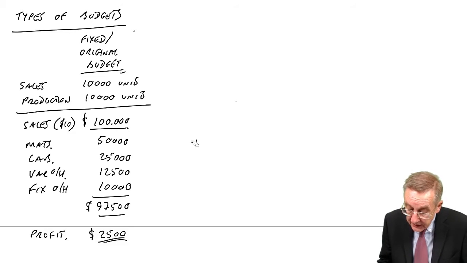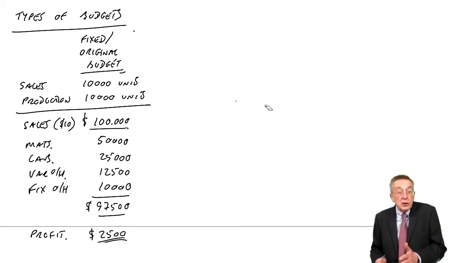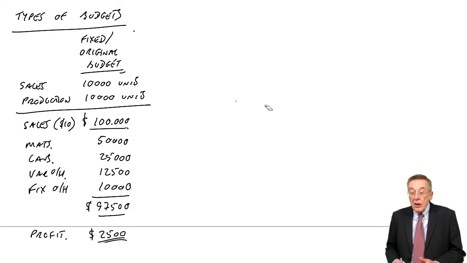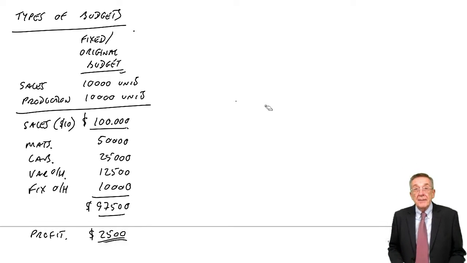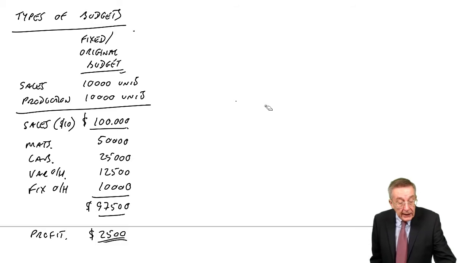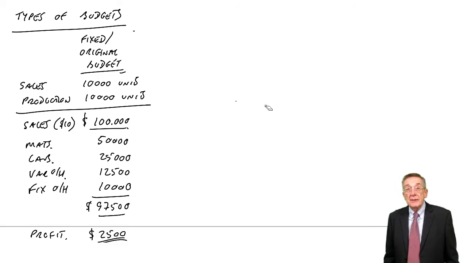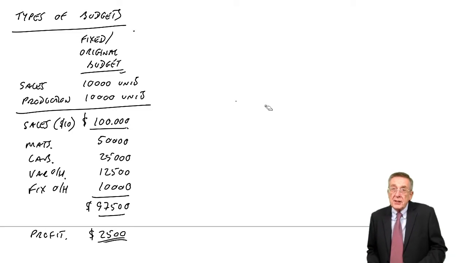And so if we're going to use it for measuring performance in that way, for controlling, we need to rewrite the budget and say, well, given that we actually produced 12,000, what would we have expected to happen?